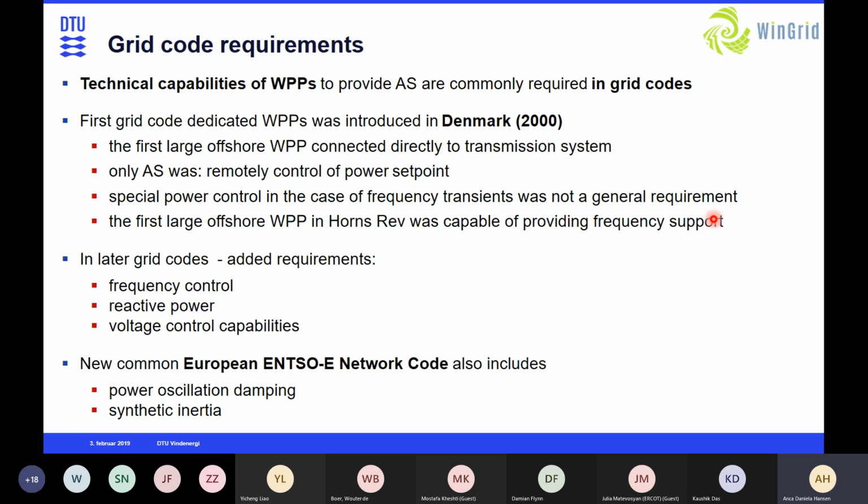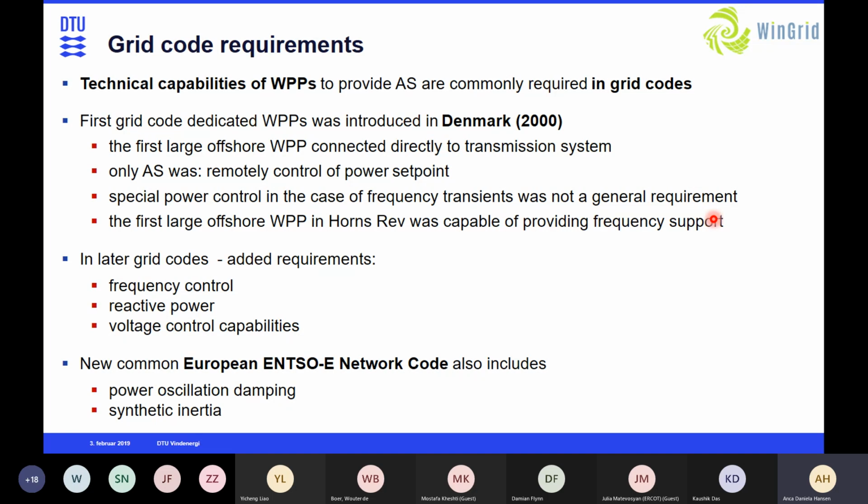A special power control in the case of frequency transients was also mentioned as a possibility to be included in the connection agreement, but it wasn't a general requirement. Still, at the time, the first large offshore wind power plant at Horns Rev was capable of providing frequency support.